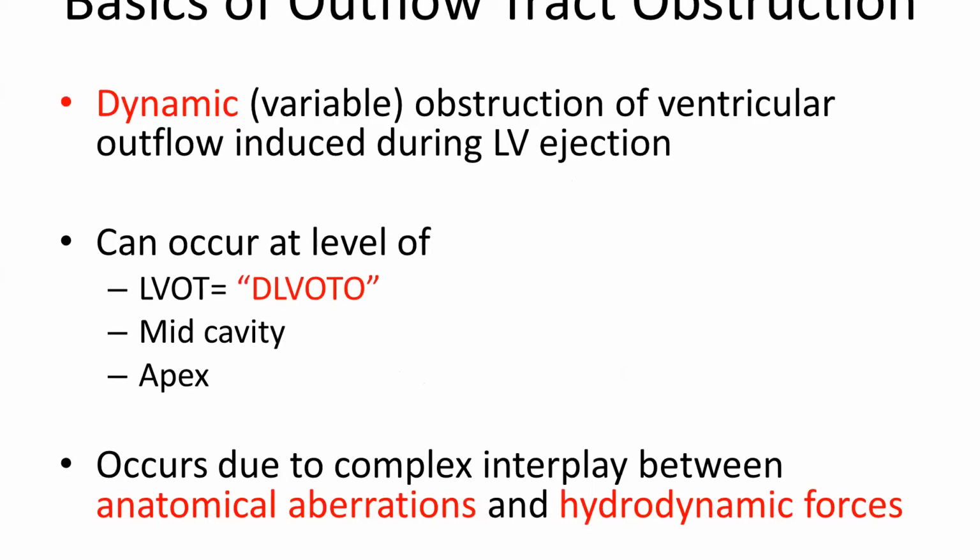I don't want to try to teach anyone to suck eggs, but I'll start from the basics of outflow tract obstruction, go through some of the mechanisms, talk about the etiologies, both HOCM and non-HOCM related, then go through a bunch of images and some cases, and then sum it up with a nice little case at the end that demonstrates the challenges in this area.